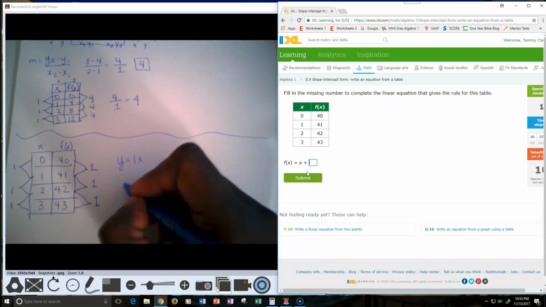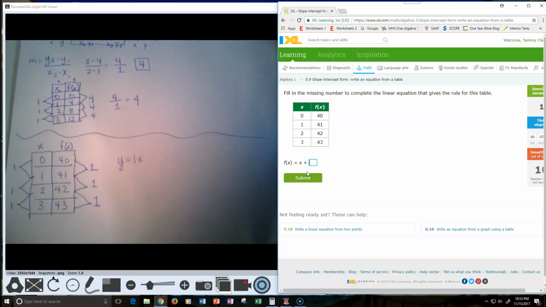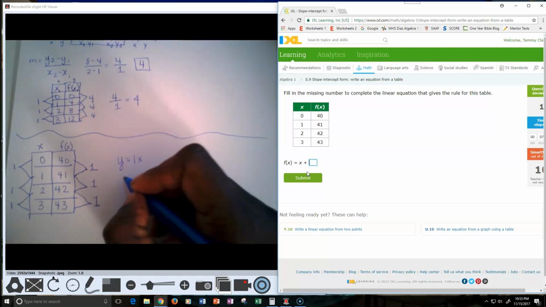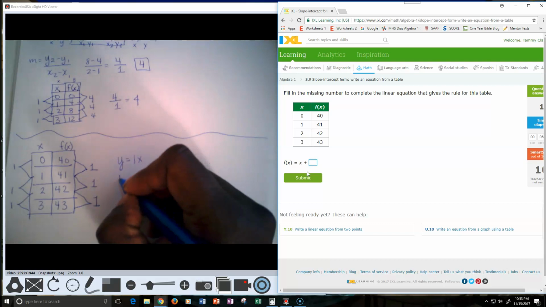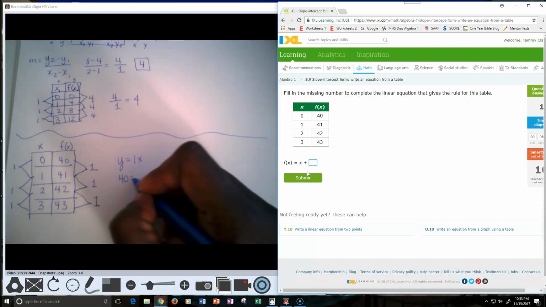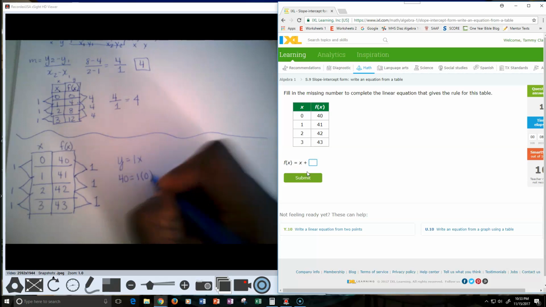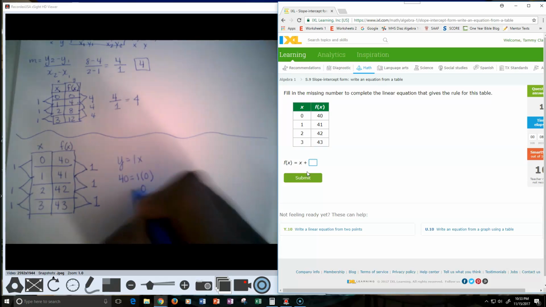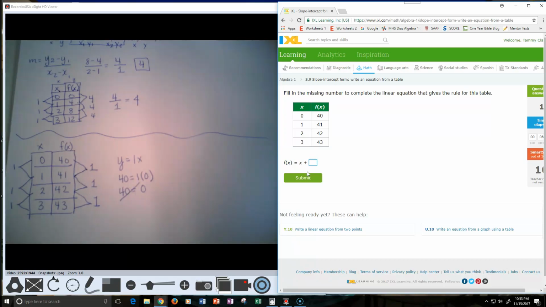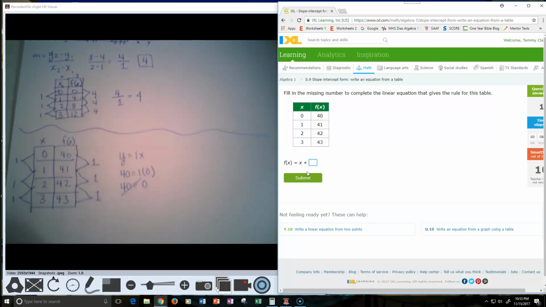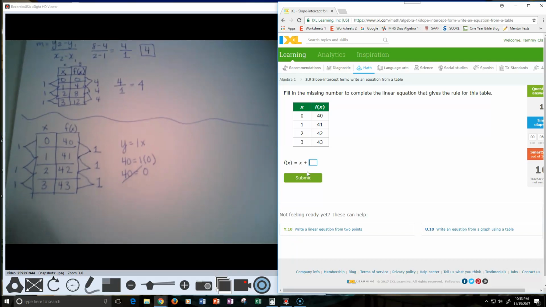So it should look like this if I've done everything correctly and there's nothing else to do. I should be able to say 40 is equal to 1 times 0. Well, that doesn't make sense. That can't be right. So what we have to look at next is, what is the pattern doing?